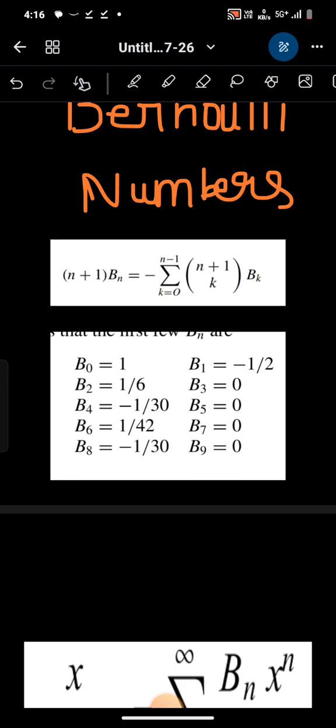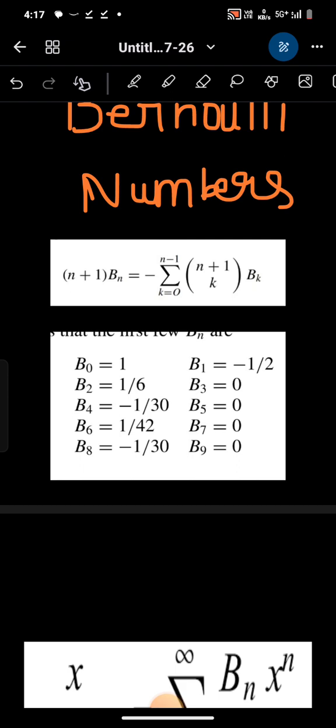If this is hard to follow, I encourage you to follow this expression. It defines the Bernoulli numbers in a recursive fashion. Recursive in the sense that if we want to calculate the Bernoulli number, let's say the second Bernoulli number, we have to know the first and the 0th Bernoulli number.